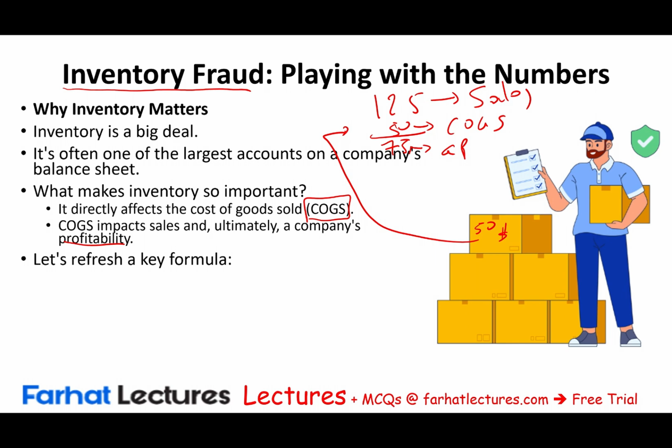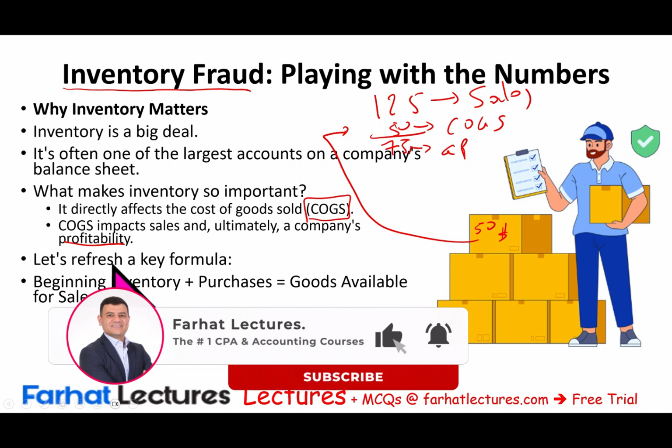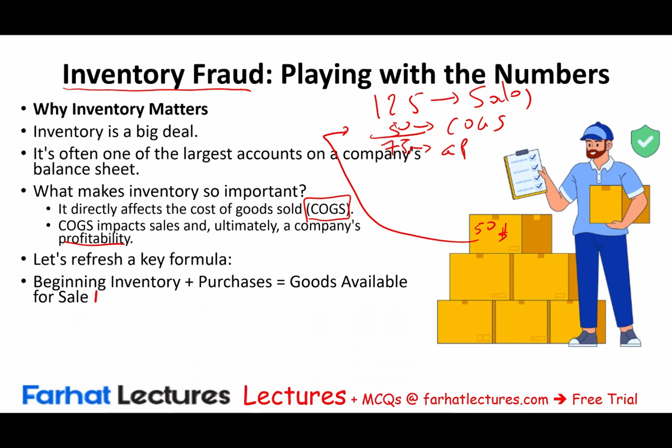So let's go back to that important formula that you need to understand between inventory and cost of goods sold. Let's assume a company, for the sake of simple illustration, started with beginning inventory worth $100. Then throughout the year they made purchases worth $500. Beginning inventory plus purchases gives us goods available for sale, which is $600. What's going to happen at the end of the year?